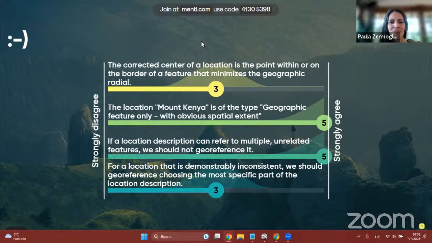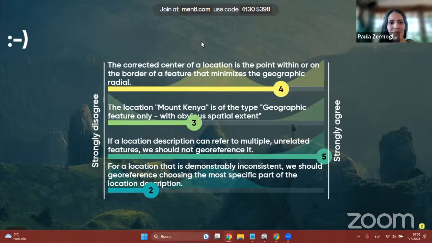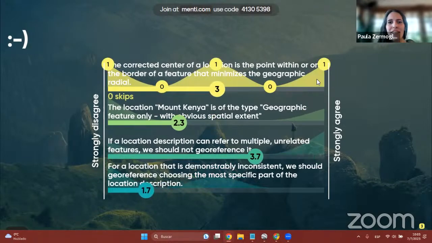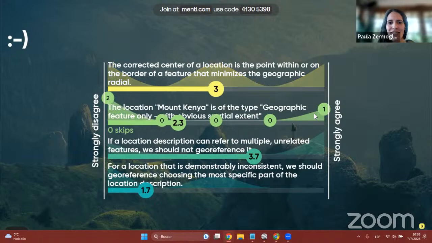Okay, we have some now. I really like this kind of exercise, this kind of graphics, because it can show us if we agree, if we more or less agree or disagree, if we disagree, and we have the counts for each one.